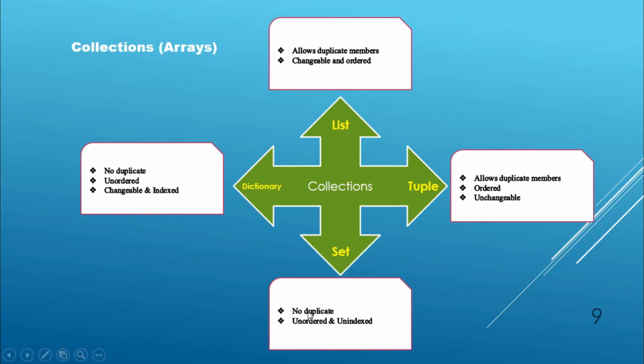One tip for sets: sets are unordered. It means the order of members you declare the first time changes anytime you print the set. The order of members is different each time you print. And the other tip, sets are unindexed.